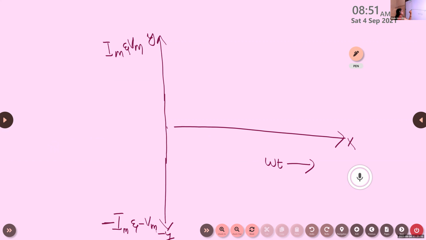Mark all the angles and try to draw the graph: 0 degree, 90 degree, 180, 270, 360.